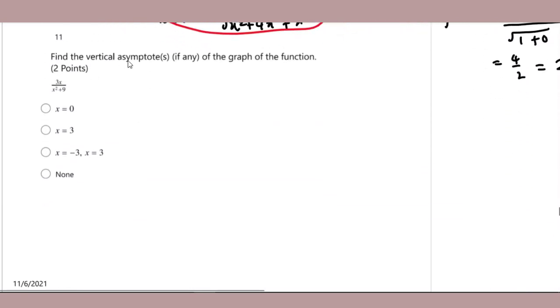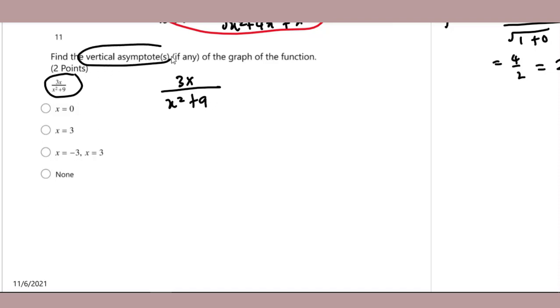Find the vertical asymptotes, if any, of the graph of the function. This is the function 3x over x squared plus 9. To find the vertical asymptote, we need to find the domain of this function.